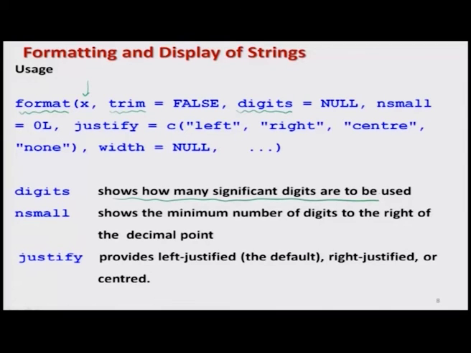That depends on you; you have to specify it. The default is NULL, and it uses the default number available in R. Then another option is nsmall, which controls the minimum number of digits to be given on the right side of the decimal point.